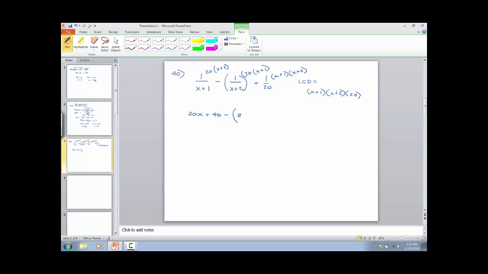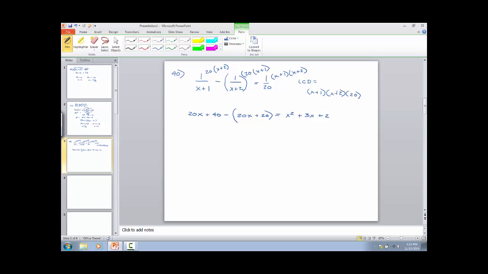So again, I've got 20x plus 20 equals, now let's do the FOIL or smiley faces, whatever you want to call them, on this side. Let's do that right away. x squared plus 3x plus 2.